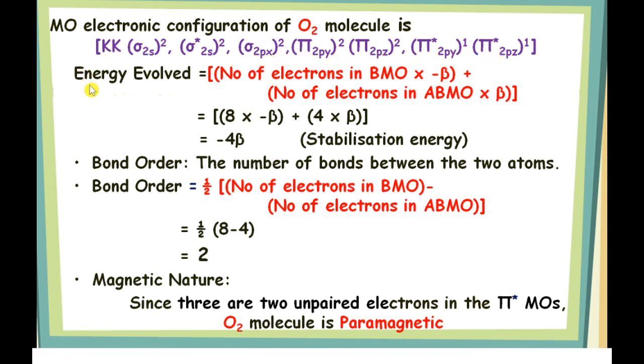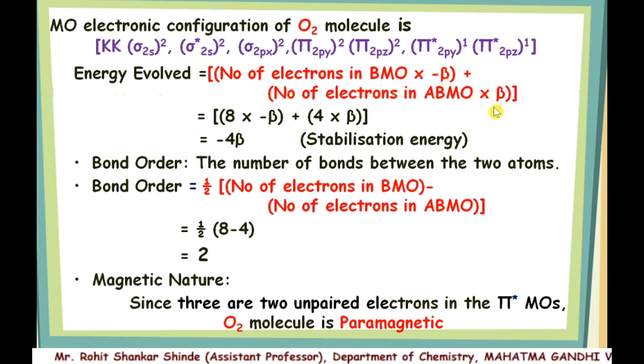So let us calculate energy evolved. Energy evolved is equal to number of electrons in BMO into minus beta plus number of electrons in ABMO into plus beta. First we will calculate the total number of electrons in BMO. Where star is not written, those molecular orbitals are the bonding molecular orbitals.